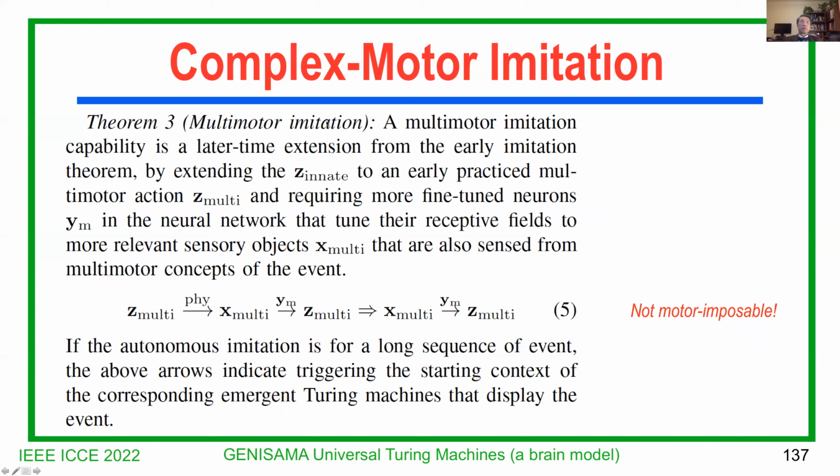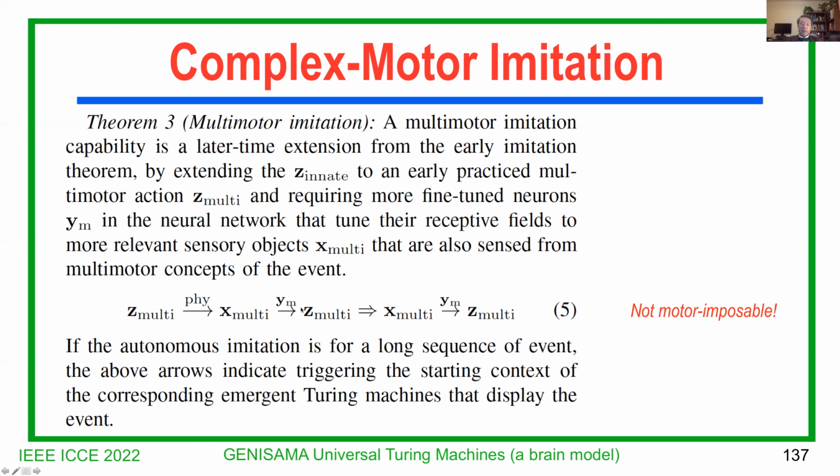The complex motor imitation, a multimodal imitation capability, is a later extension from the early imitation theory. It extends the innate Z to an early practiced sensory motor action Z multi, and requires more fine-tuned neurons YM in the neural network that tune their receptive fields to more relevant sensory objects, X multi, that I also sense from the sensory motor concept of the event, all right?